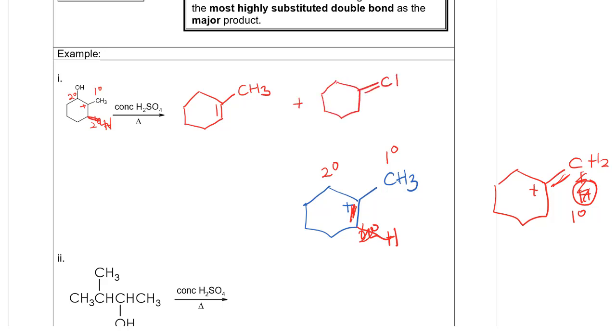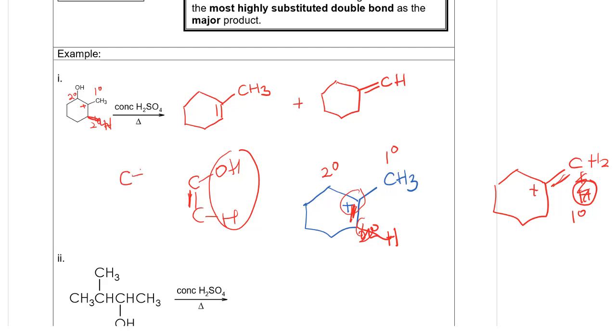The double bond must be between the carbocation and the carbon from which you remove the hydrogen. So we remove this one, that's why we get a double bond here.